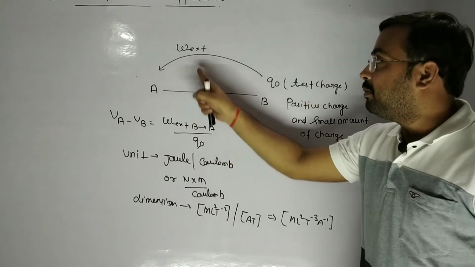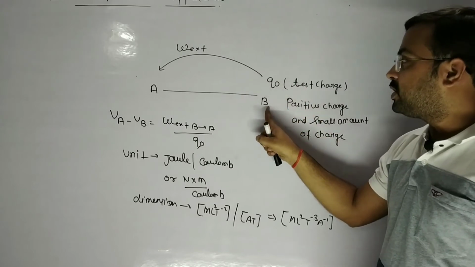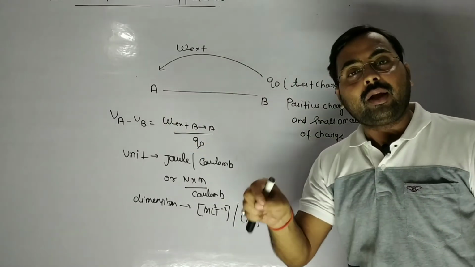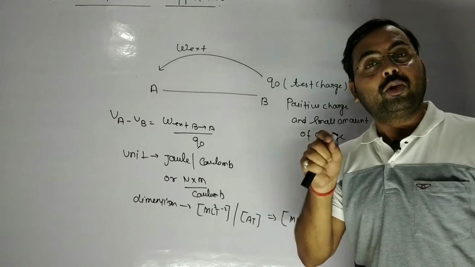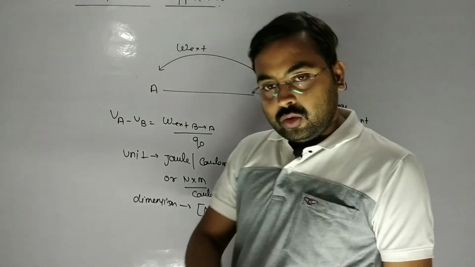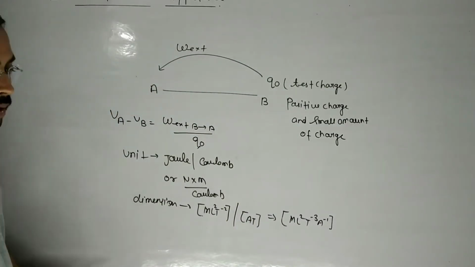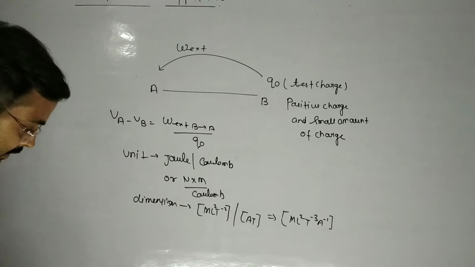The work done by an external agent to bring a test charge from the first point to the second point in a field is called potential difference. You understand? That is the definition of the potential difference.